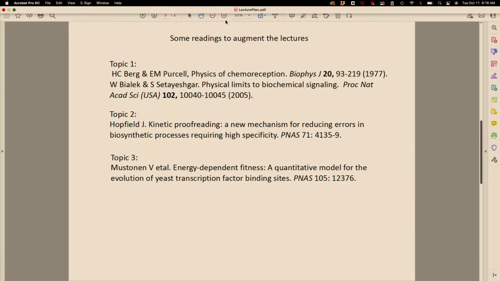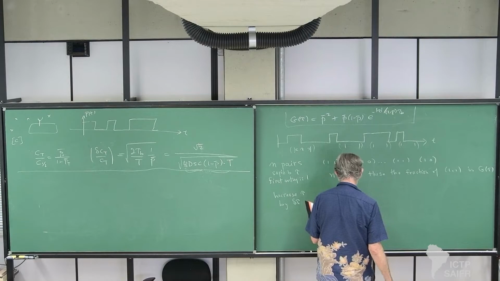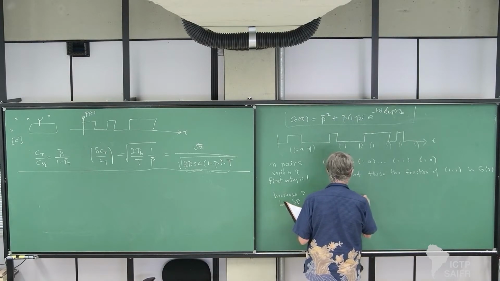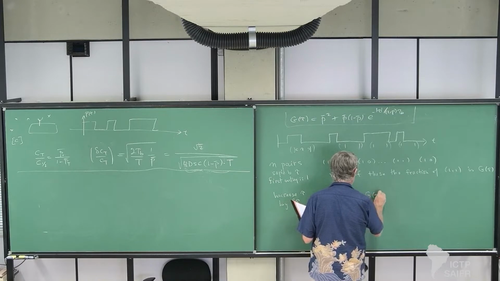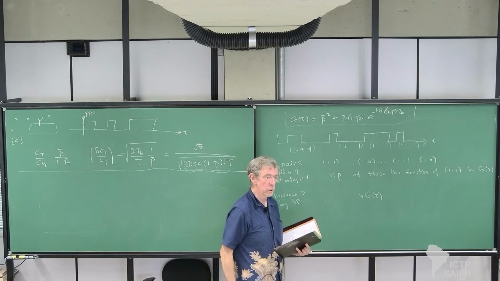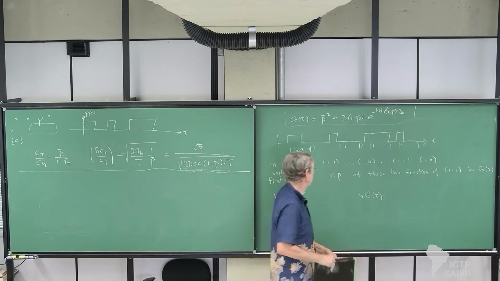Initially the 1 1s were n times g of tau. That's the number of 1 1s in my initial thing.